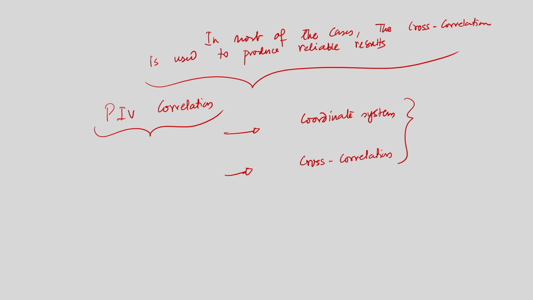As I said, in most of the cases of PIV analysis, the cross correlation algorithm is used to produce reliable results, and hence we will discuss the cross correlation algorithm here. But for the PIV correlation, these two important parts are there, that is the coordinate system and second the cross correlation.